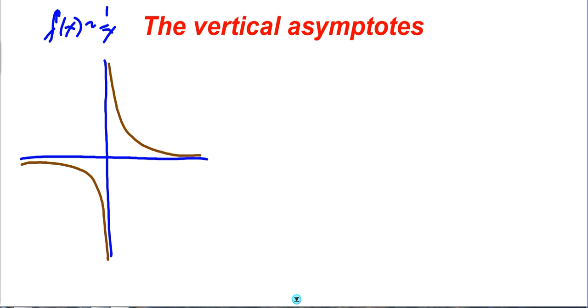You will see here that as x is getting closer and closer to 0, the function is getting bigger and bigger, going up and also going down. Remember that the limit as x approaches 0 of 1 over x does not exist. Why? Because the left hand side is negative infinity, but the right hand side is positive infinity.